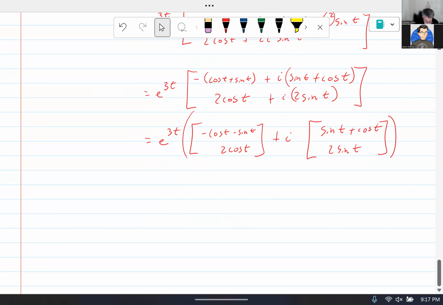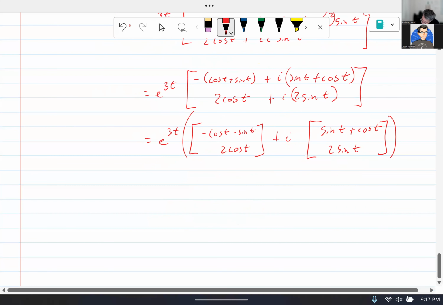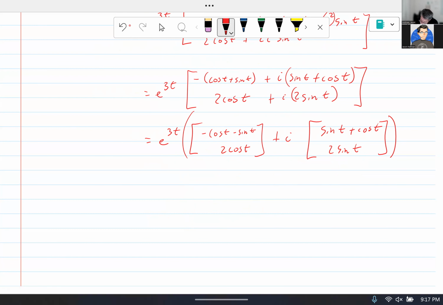And so if we take each of these individually, if I were to distribute my e to the 3t, this is e to the 3t times negative cosine t minus sine t over 2 cosine t, plus i times e to the 3t times sine t plus cosine t over 2 sine t.